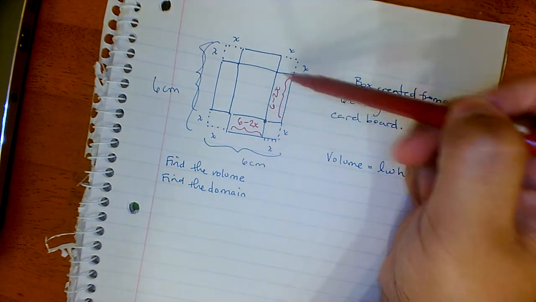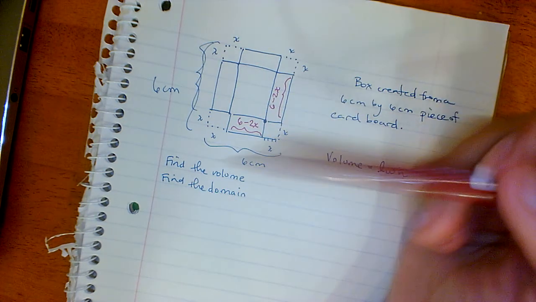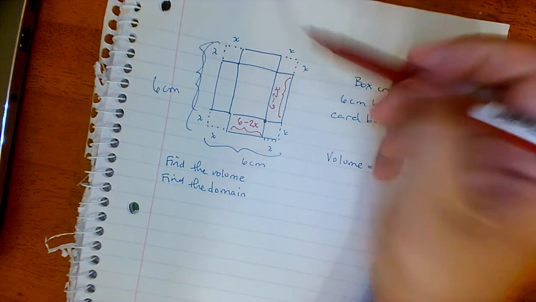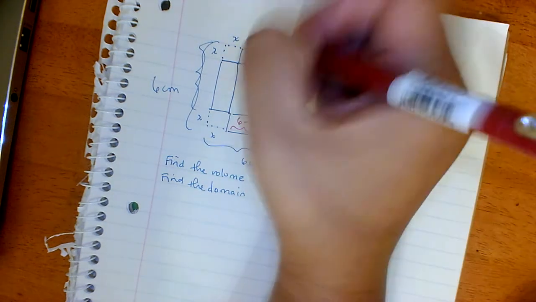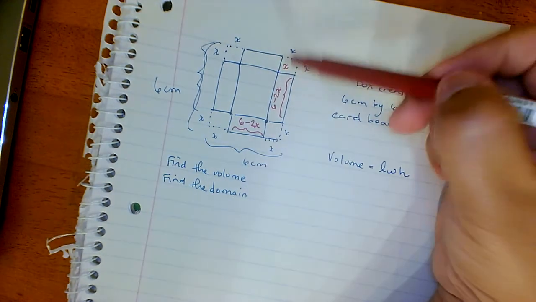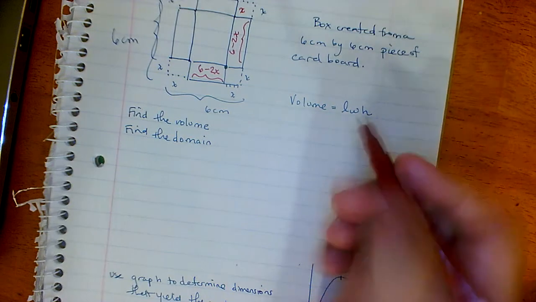I'm going to have a width of 6 minus 2x, which means this is going to be a square box with an open top, kind of like a puzzle box maybe. And it's going to have a height of x, because if that's what I'm cutting away, when I fold it up, because that's what this little length is right here, this piece is going to come x units high.